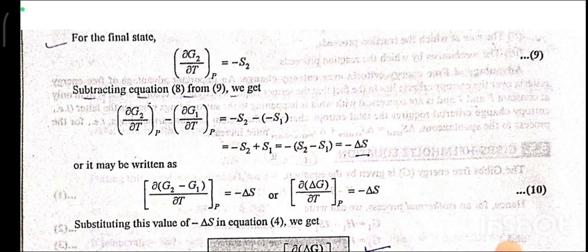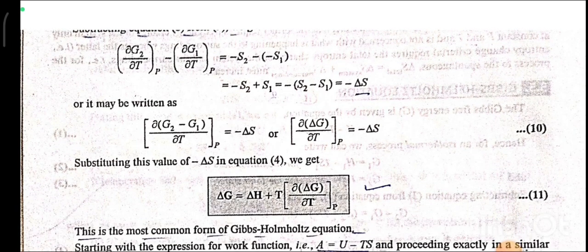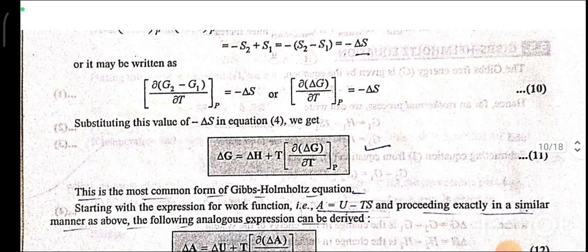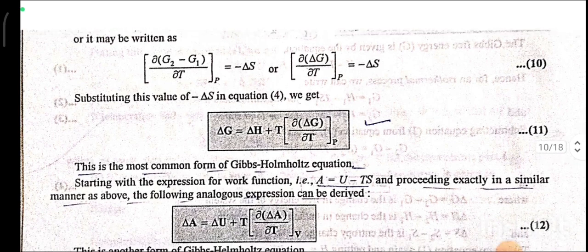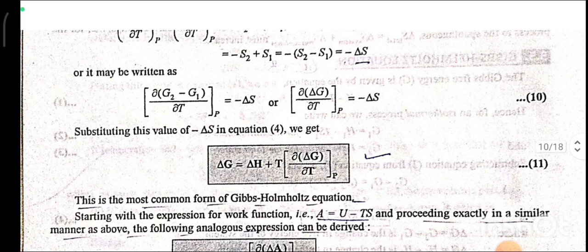Subtracting, del G2 upon del T at constant P minus del G1 upon del T at constant P is equal to minus S2 plus S1, and finally it comes to minus delta S, or it may be written as del of G2 minus G1 upon del T at constant P is equal to minus delta S.